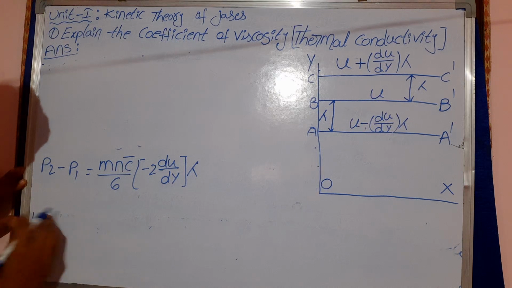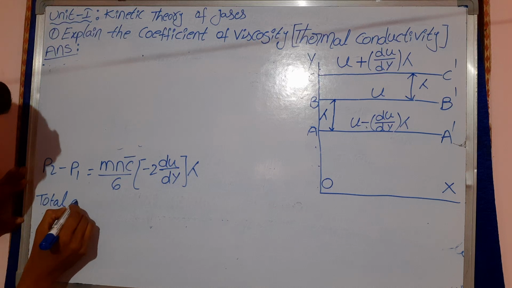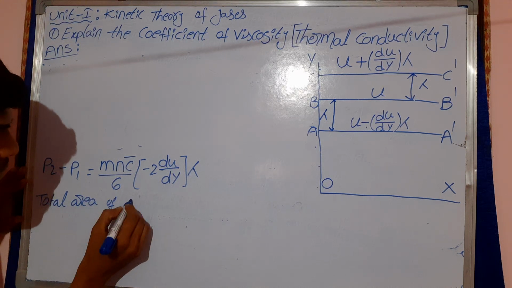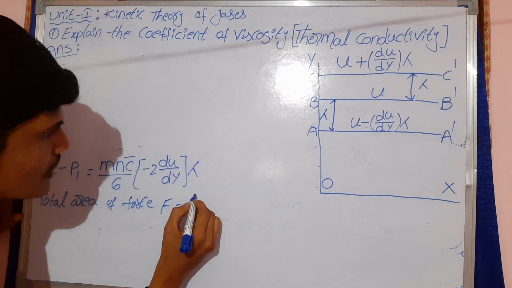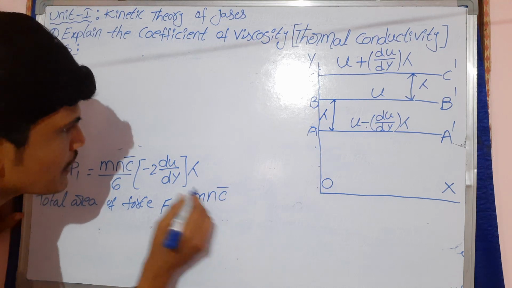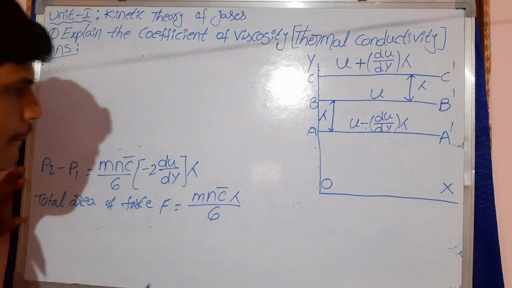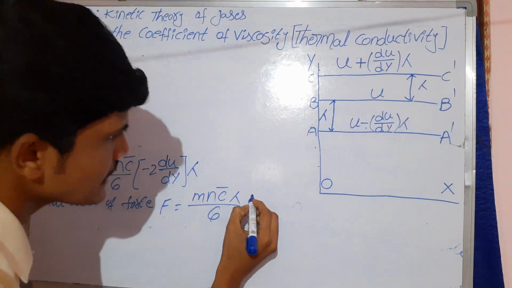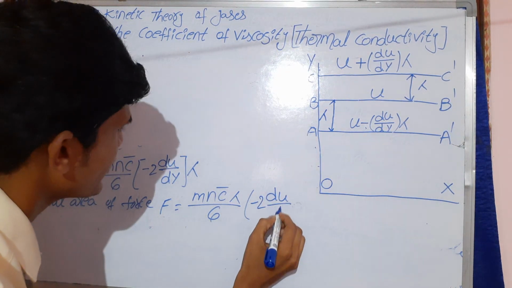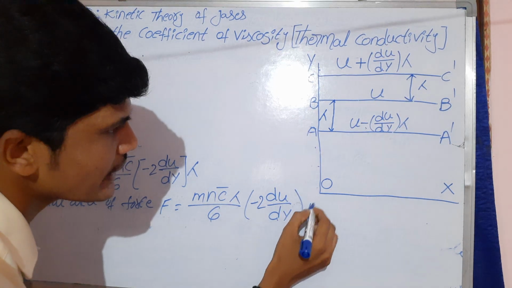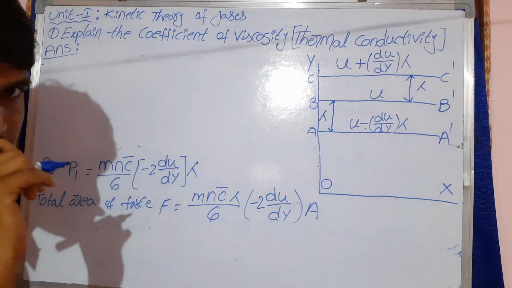So P2 minus P1, total area of force, F equals m n c bar into lambda by 6 into minus 2 du by dy into A. So total area into A. So the 2 ones are 2, the 3s are cancelled.